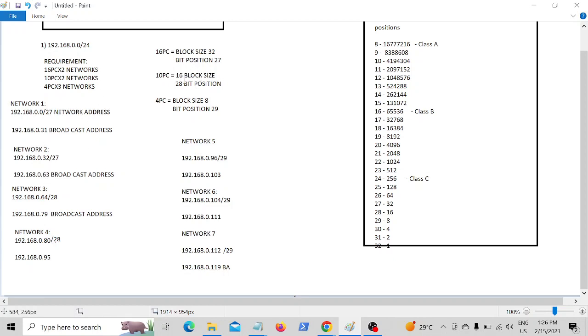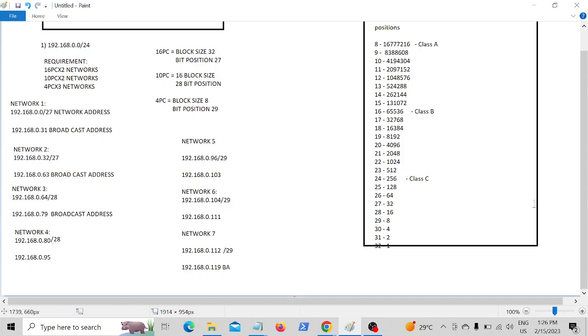Again, coming to the next requirement, its bit position is 28. And now we have to add 64 plus 16. 64 plus 16 is 80.